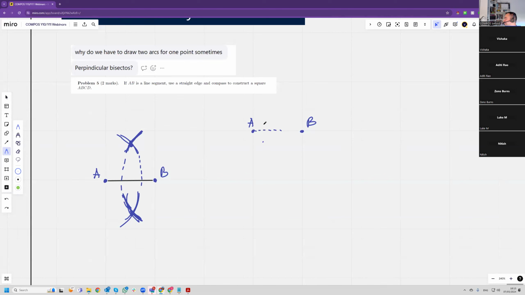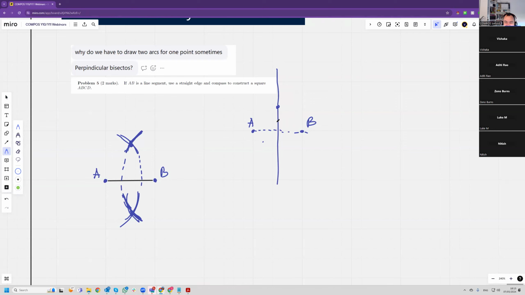I'm not sure I'm following what you mean, Nitish. So as I said, you could do point P and then a perpendicular bisector of AP. You could do perpendicular bisector of AB and then find the midpoint.